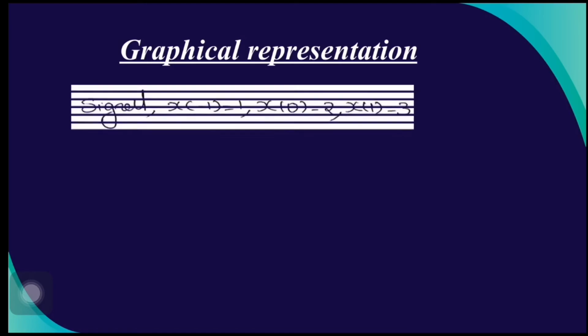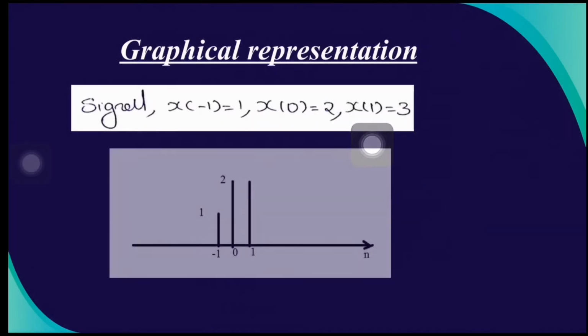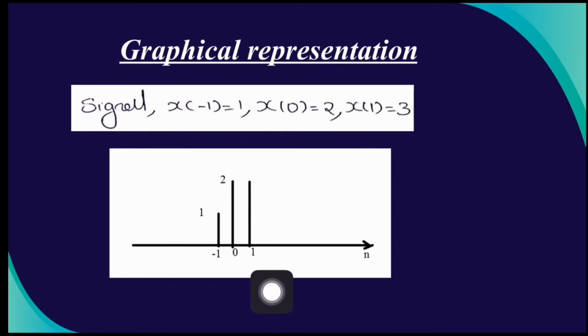First, we are going to focus on graphical representation. I'm going to explain all of these 4 representations with an example. So consider a discrete time signal x of n, which has non-zero values only at 3 time instants. That is, x of n at n equal to minus 1 is 1, x of 0 is 2, and x of 1 is 3. This is a graphical representation of x of n.